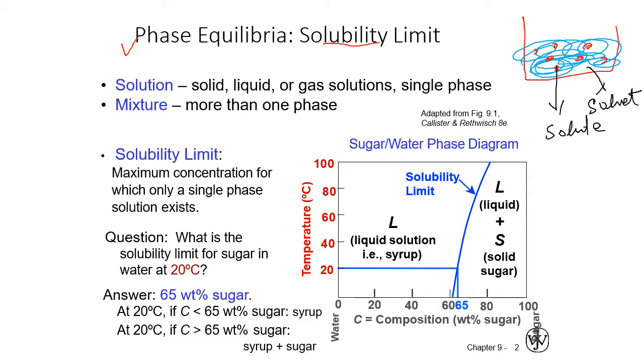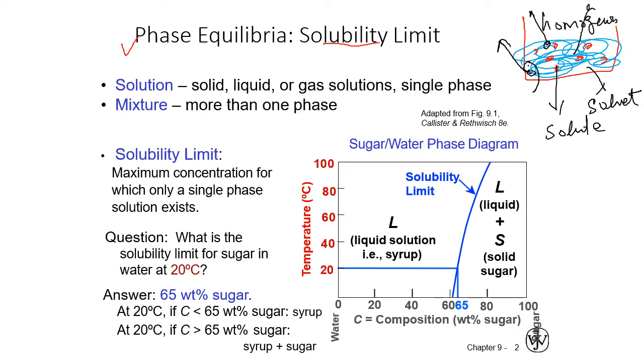Solution is basically a homogeneous mixture. Homogeneous means that if you pick a part from here or from here or from here and test it in the laboratory, then you will come to know that it has the same composition throughout the container, right? So it is called a solution.